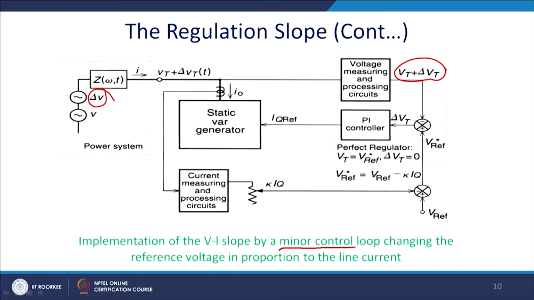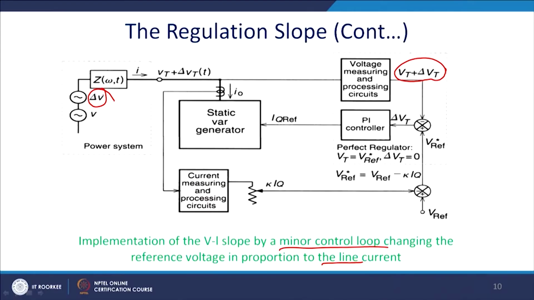Implementation of the VI slope is by a minor control loop, changing the reference voltage proportional to the line current. So, as the line current changes, you inject some extra voltage, and that is called the droop control feature. How you calculate k is also a challenge.